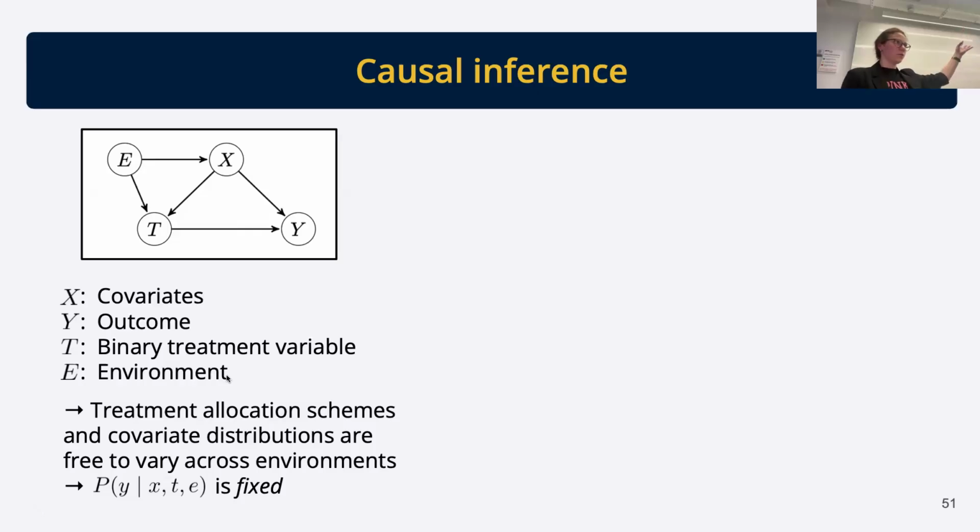So E would be the different sites. Now, the treatment allocation schemes and the covariate distribution can vary across the environments, but given X and T, given the covariates and the treatment, the distribution of the outcomes will be fixed. Did that answer your question?